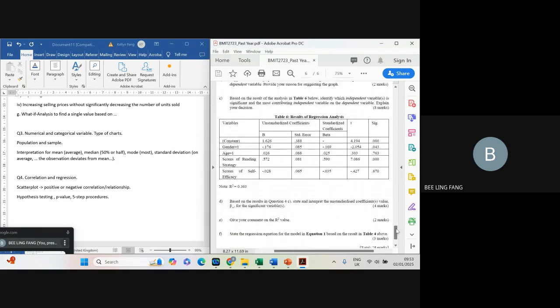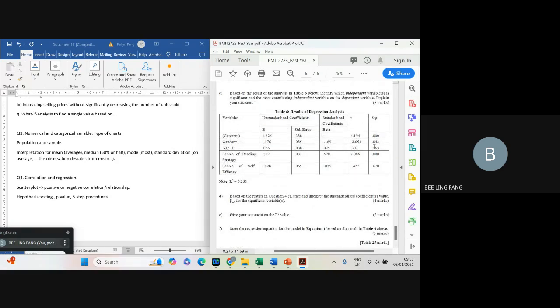Based on the table 6 results, you look at the p-value. If less than 0.05 means significant. So in this case, gender is significant. Score of reading strategy is significant. The rest not significant.